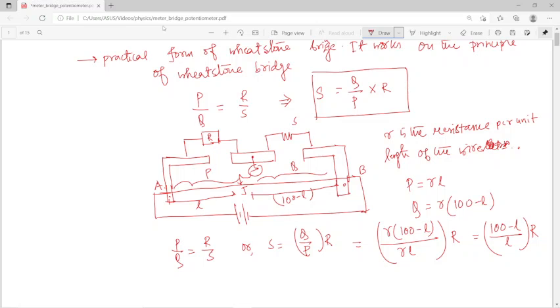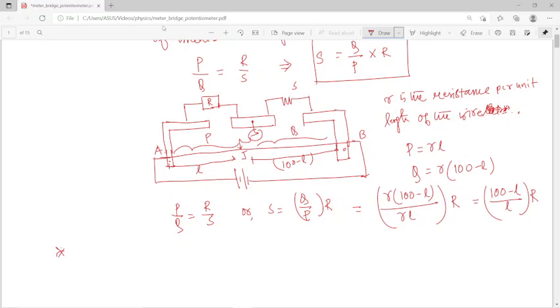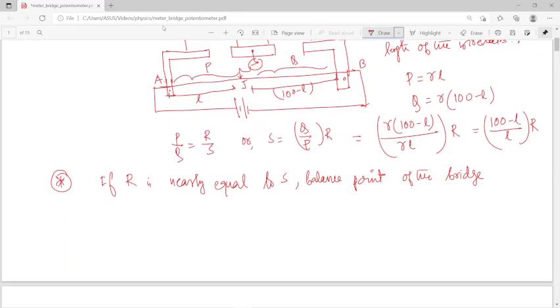And if you want to make a note: if R is nearly equal to S, the balance point of the bridge will be near the middle of the slide wire.